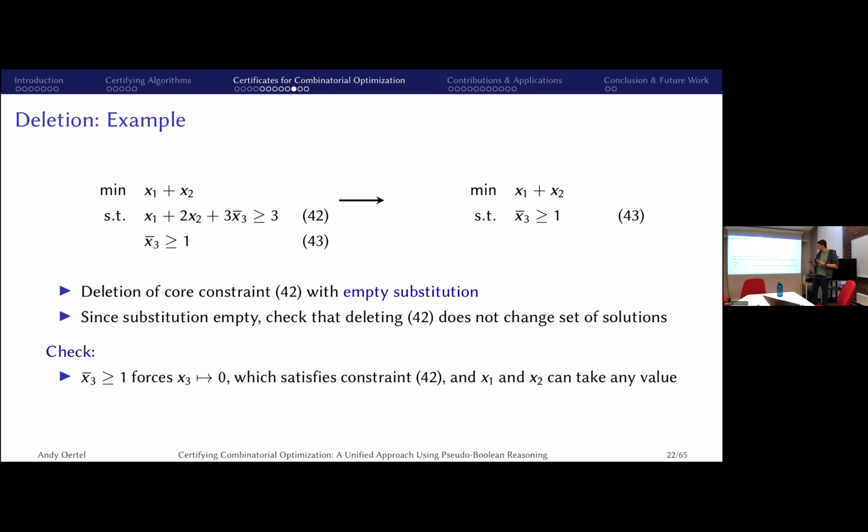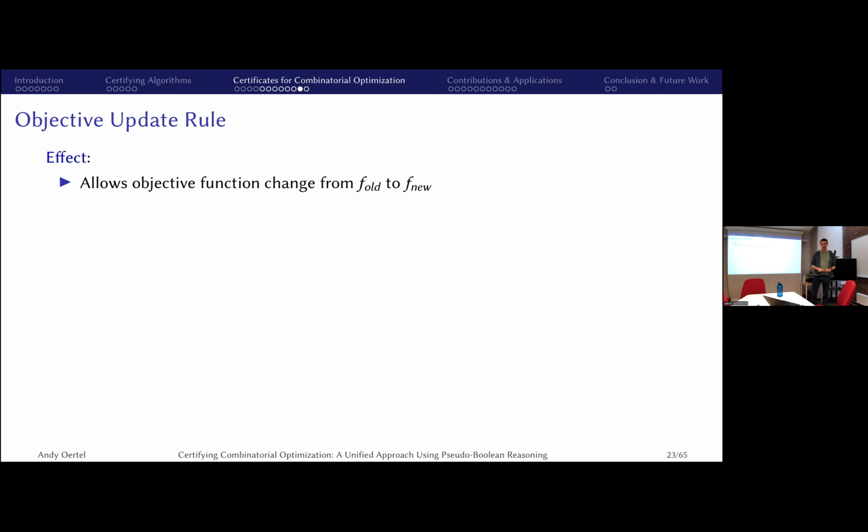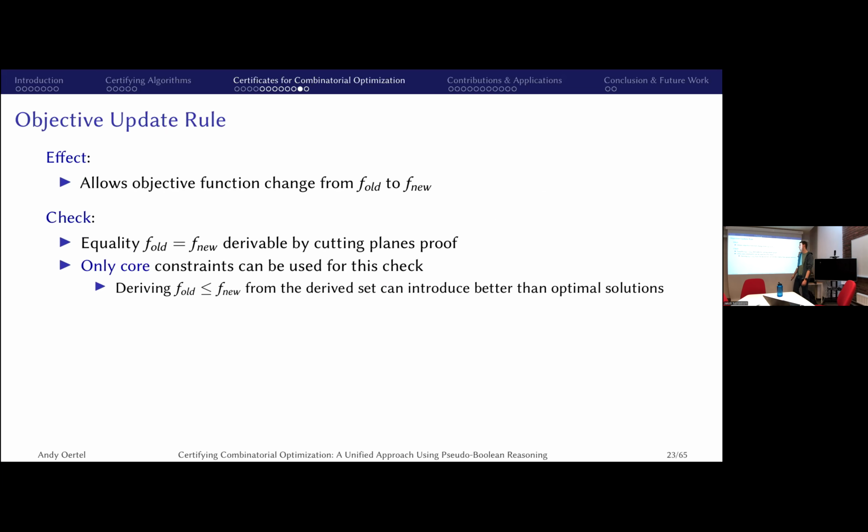So now we can add constraints, we can delete constraints, but what about the objective? Finally, we can change the objective with the objective update rule. And that allows us to change the objective from an old objective to a new objective, basically if we have equality between them.